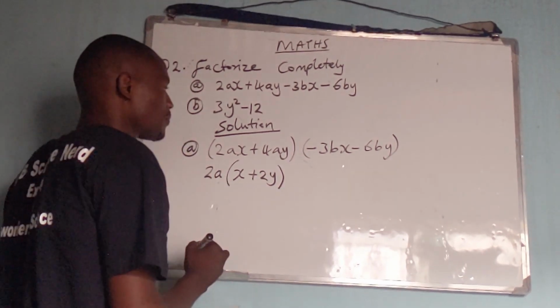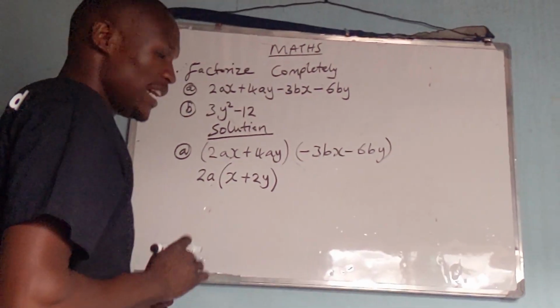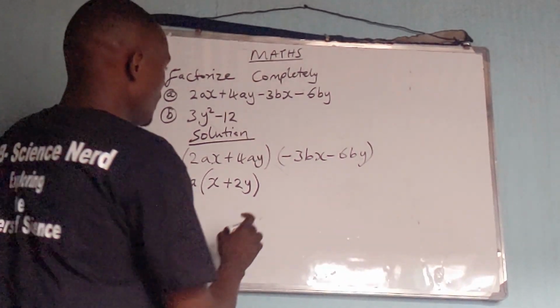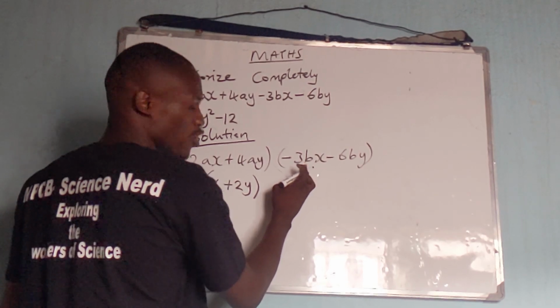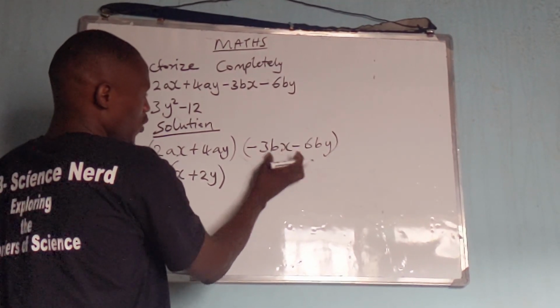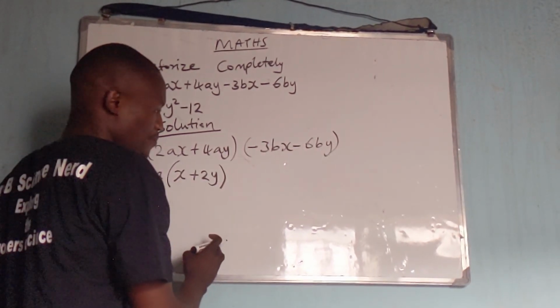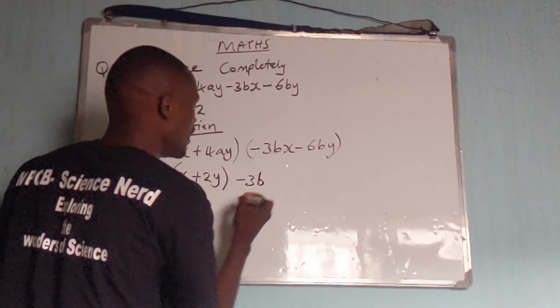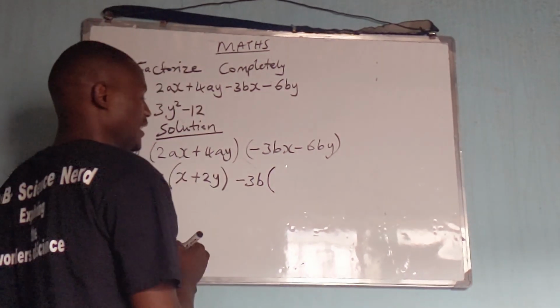We cross to the second group. In the second group, we find that negative 3b is common. Then we open the bracket.